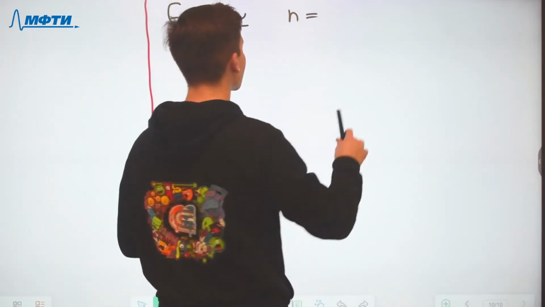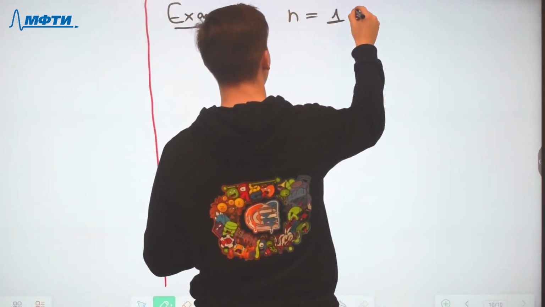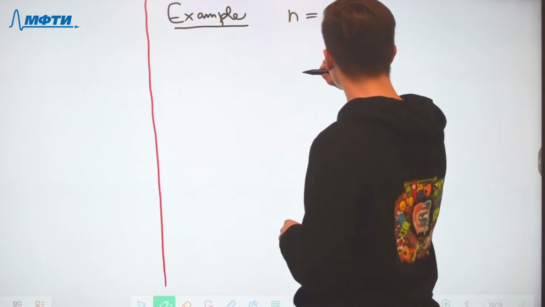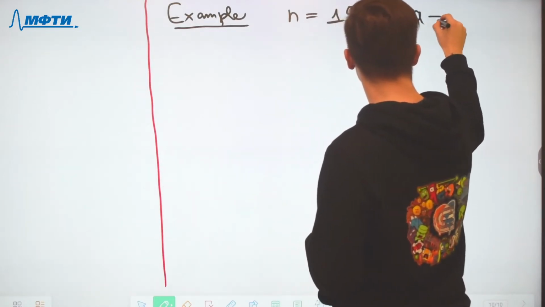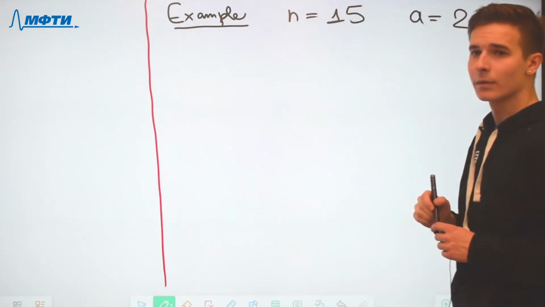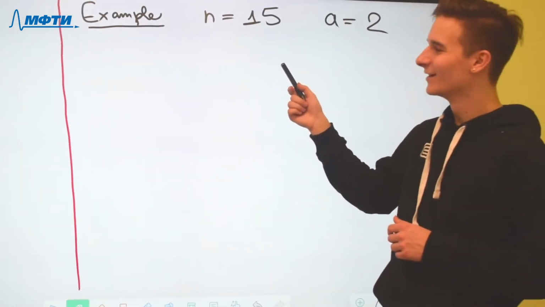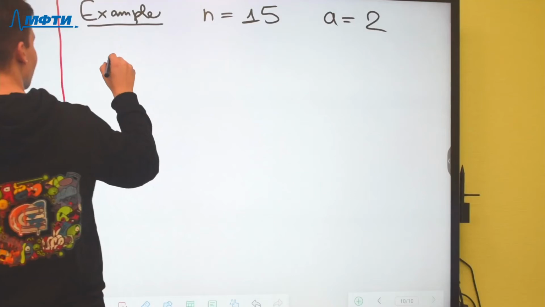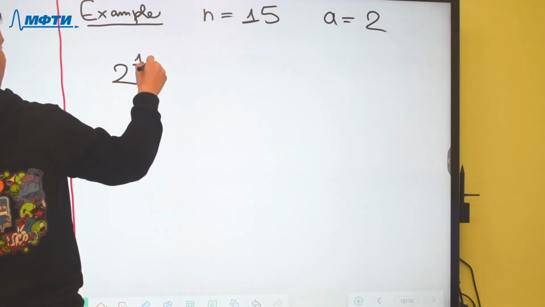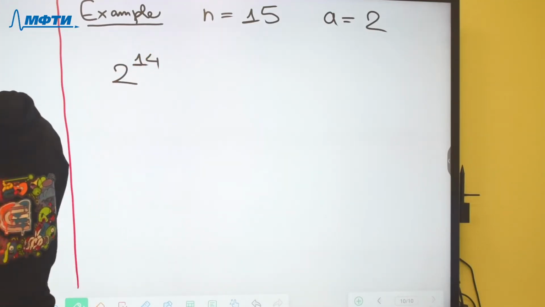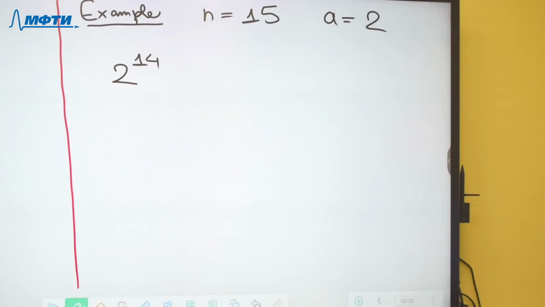So for example, 15 and a equal to 2. 15 is not a prime number. But if you try it, is it equal to 1? It is not equal to 1. Yeah.